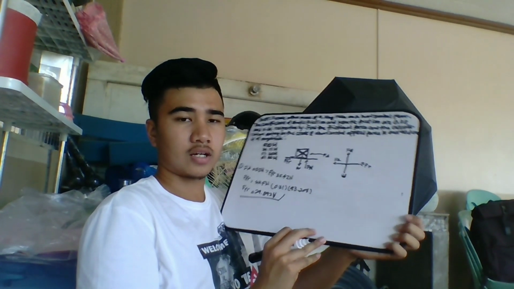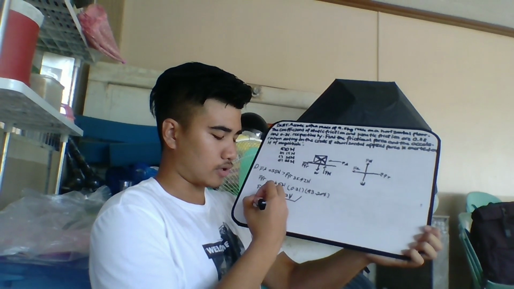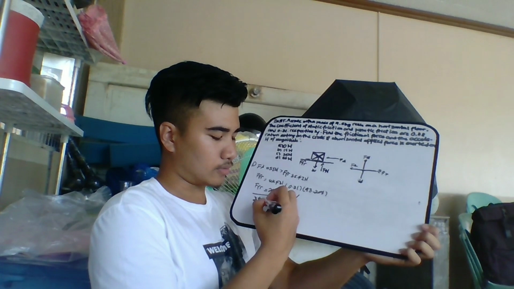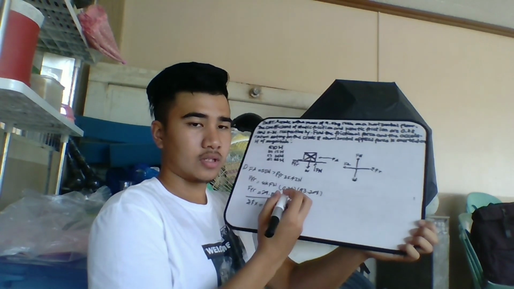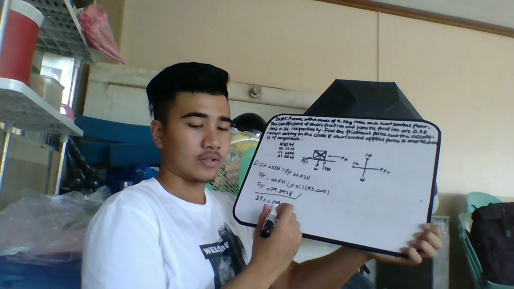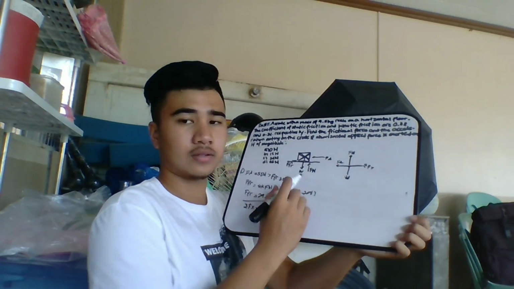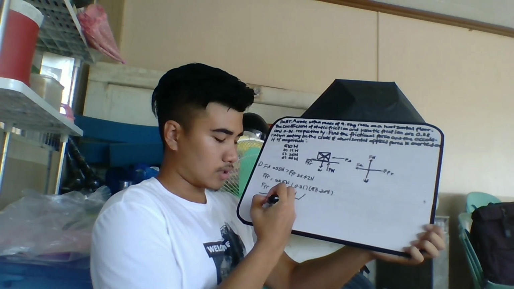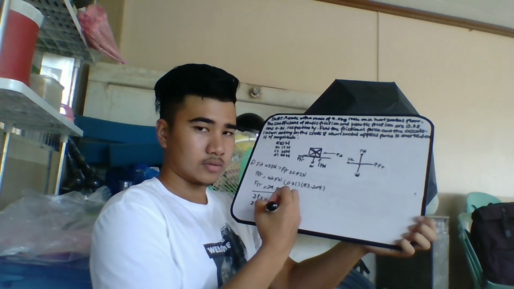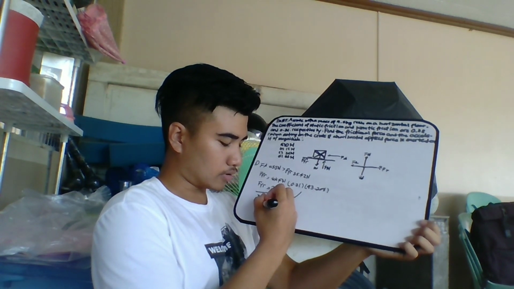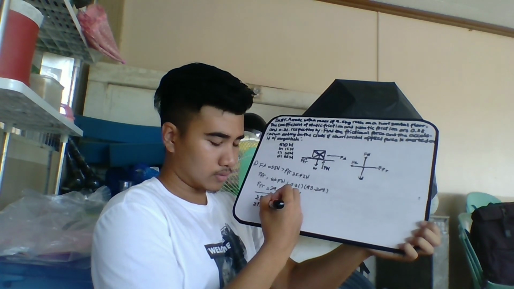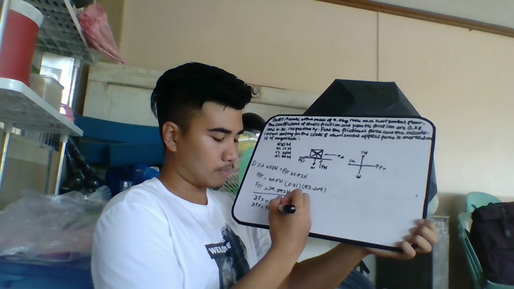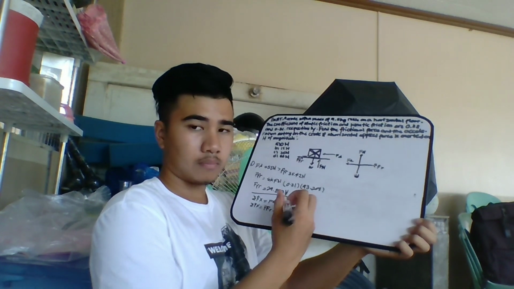To solve for the acceleration naman by second law of motion of x is equal to mass times acceleration. Again, meron na tayong acceleration kasi gumalaw na yung crate, hindi na zero, and by summation of forces, ang nag-a-act na forces are equal sa force of friction positive minus force applied na 55 Newton.